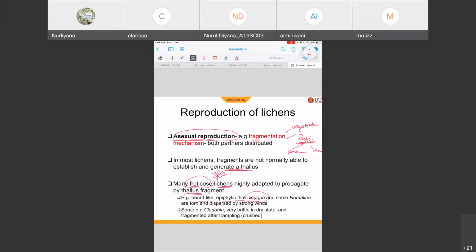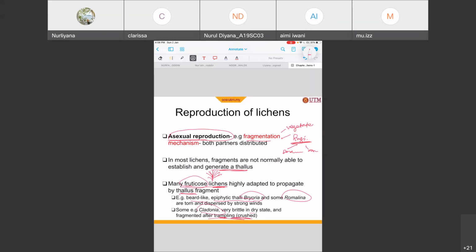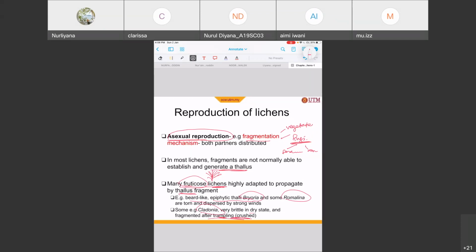Examples are Ramalina, Bryoria, and Cladonia, which in a very brittle and dry state fragment after trampling or being crushed. So this is the general characteristic explaining asexual reproduction, after it is fragmented.